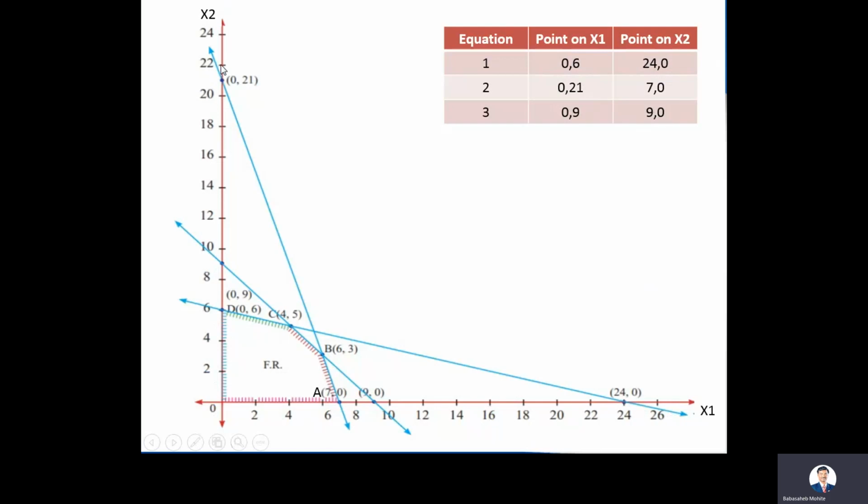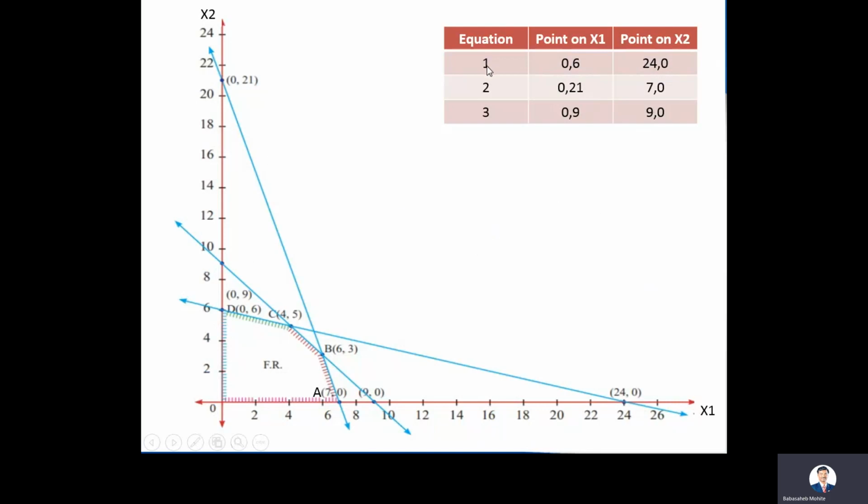If I draw up to 22, that is also valid, but I have marked this graph up to 24. So the first step, you have to draw the x-axis and y-axis and give the names x1 and x2. Also, you have to identify the maximum units on x1 and the maximum units on x2. Once you identify that, then you have to draw the lines.